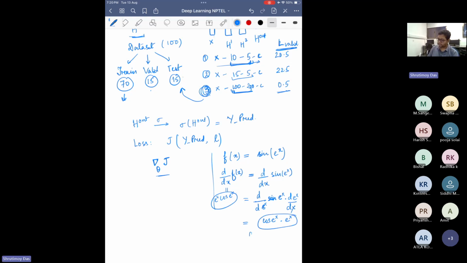This is the well-known chain rule. Everyone knows this rule, and back propagation is something very similar.